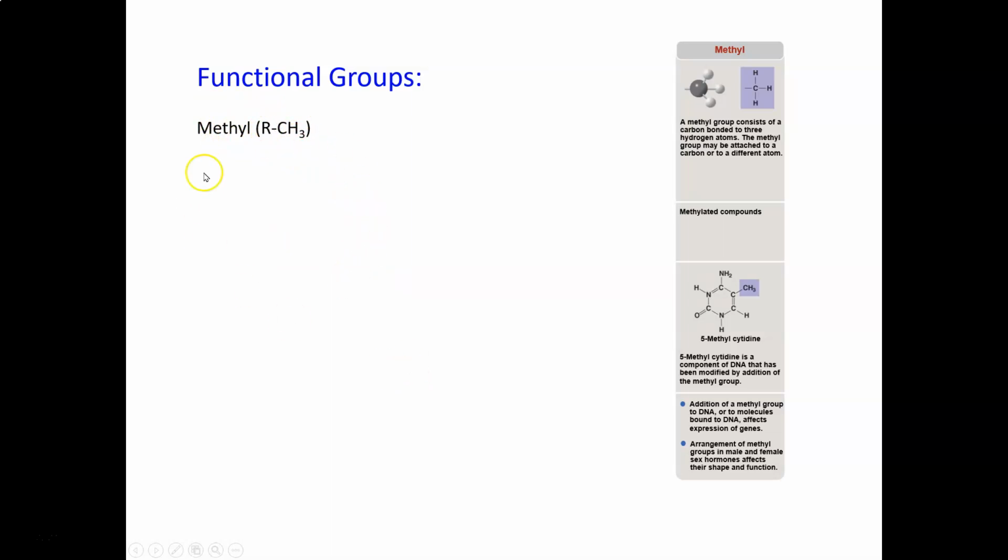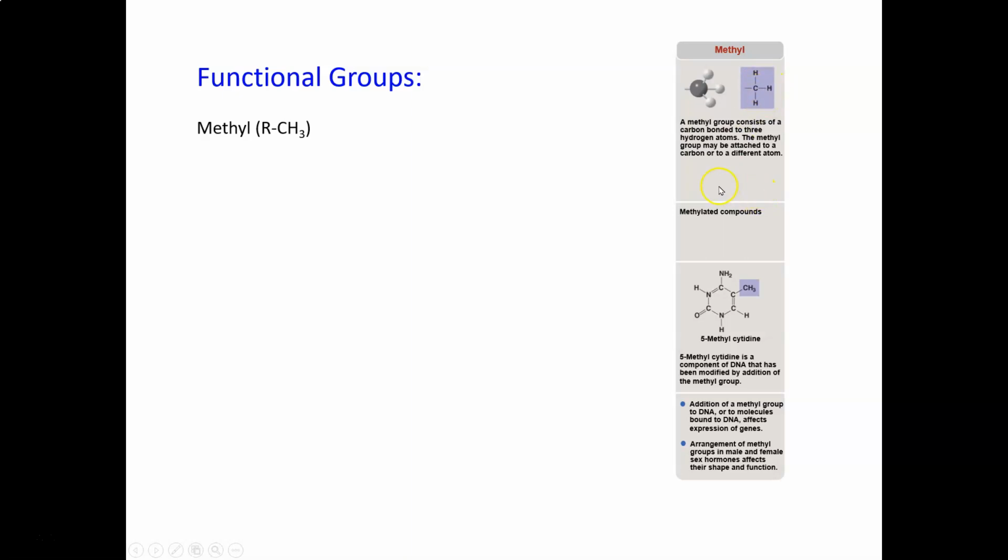Now we get to the methyl group, and the methyl group is very different. A methyl group is a carbon attached to the rest of the molecule with 3 hydrogens surrounding it. So here's a great example of a methyl group. It could also be in the middle of a molecule with just 2 hydrogens surrounding it, attached to something else.